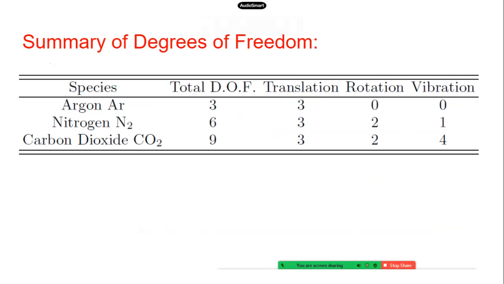Vibrational degrees of freedom: nitrogen has 1, and we just learned that carbon dioxide has 4 vibrational modes. 3 plus 0 plus 0 is 3. 3 plus 2 plus 1 is 6. 3 plus 2 plus 4 is 9.